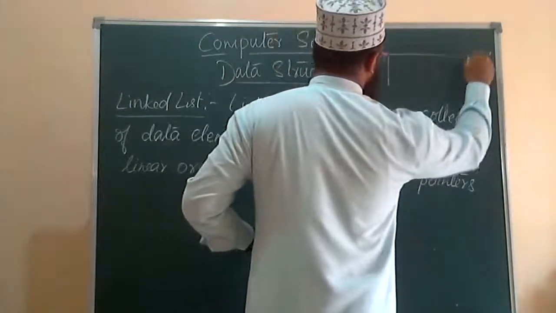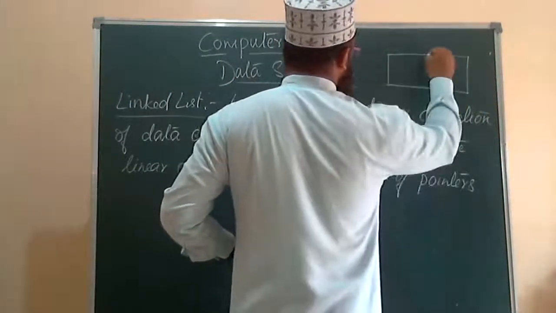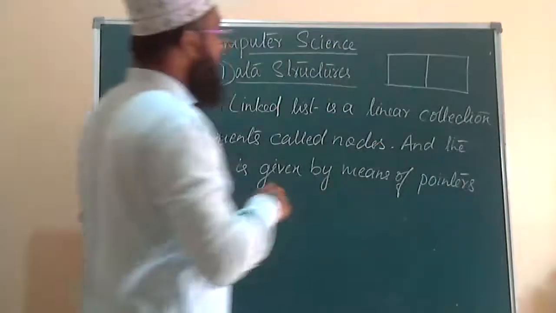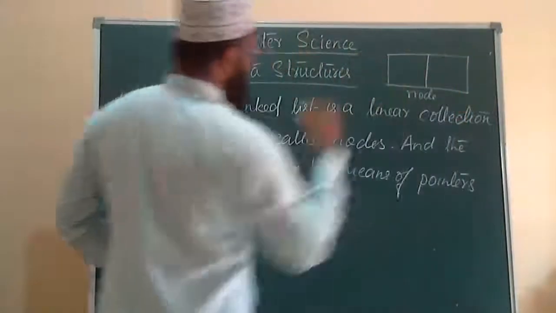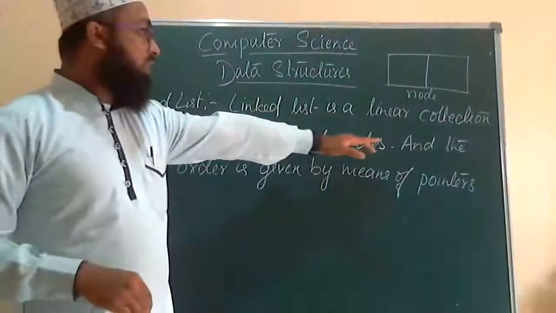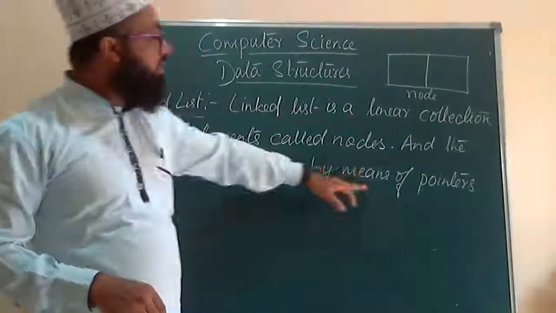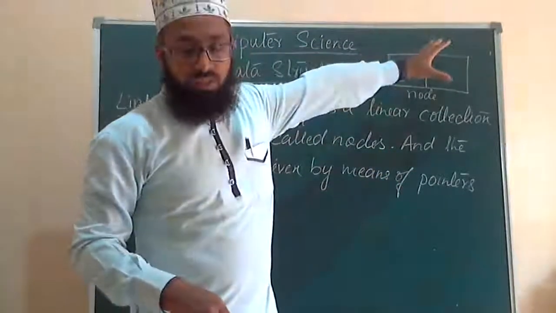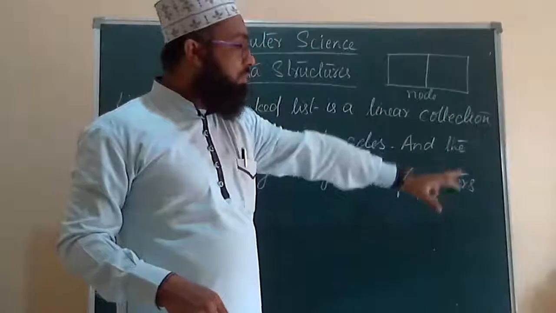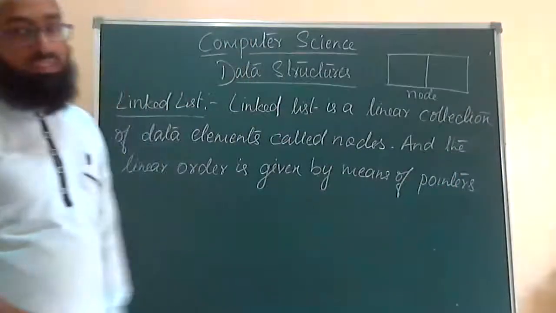See, a node will look like this. This is called a node. And the linear order, meaning the order of these nodes, is given by means of pointers.